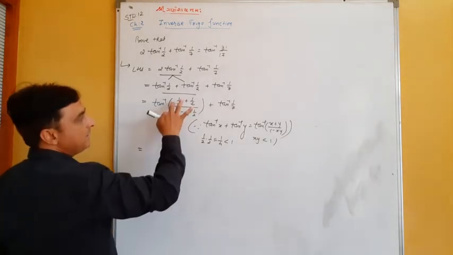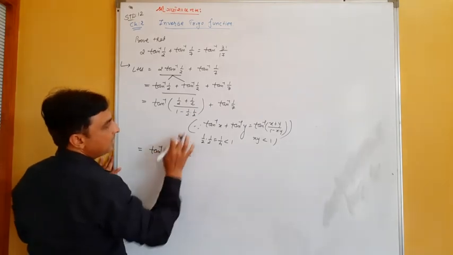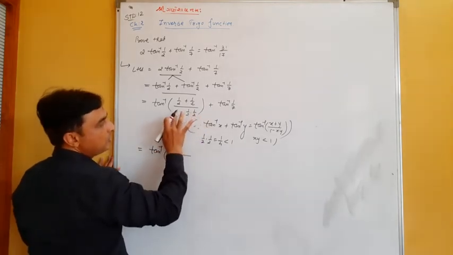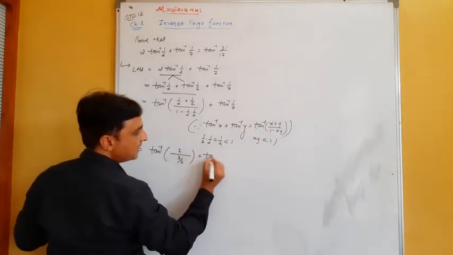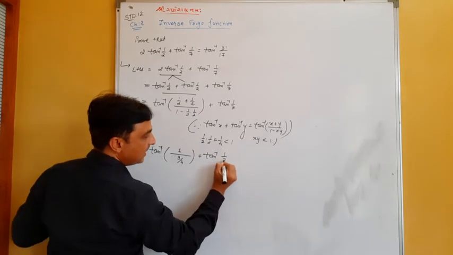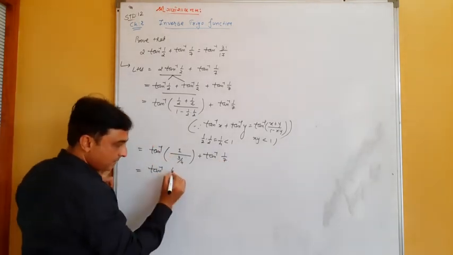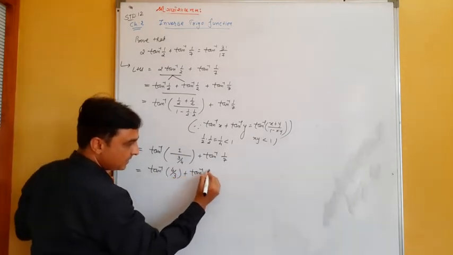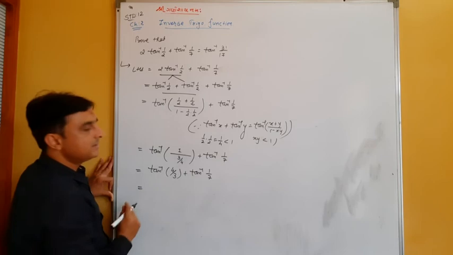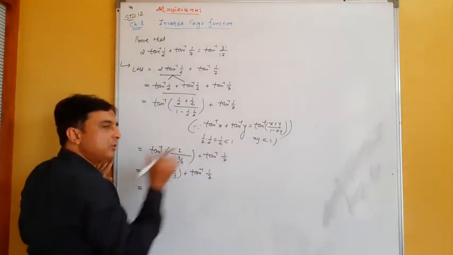Now simplify. 1 by 2 plus 1 by 2 means the numerator has value 1. Denominator: 2 twos are 4, 4 minus 1, 3 by 4. Plus tan inverse 1 by 7. Now tan inverse 4 by 3 plus tan inverse 1 by 7. Again the same formula.